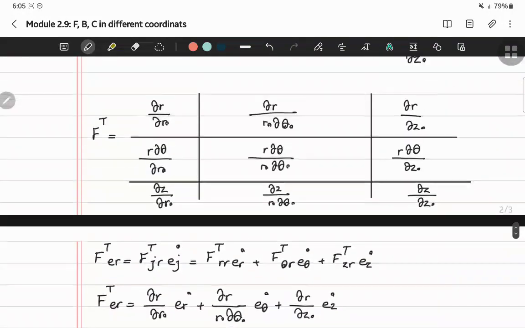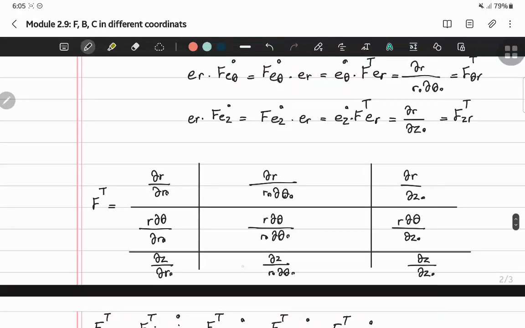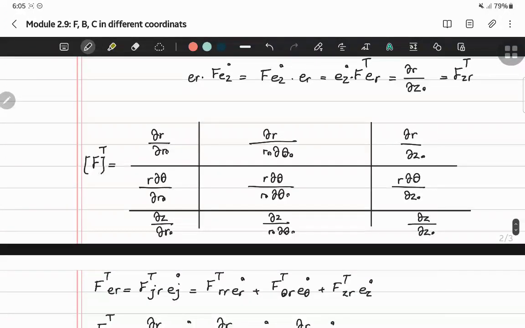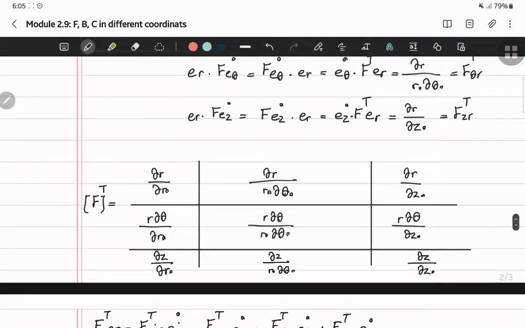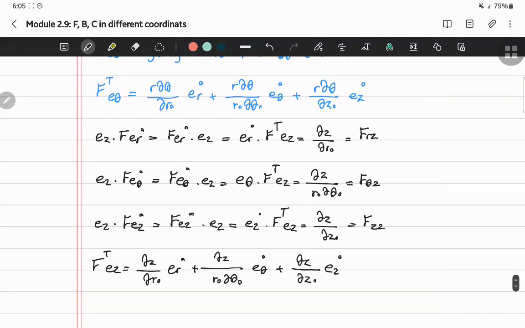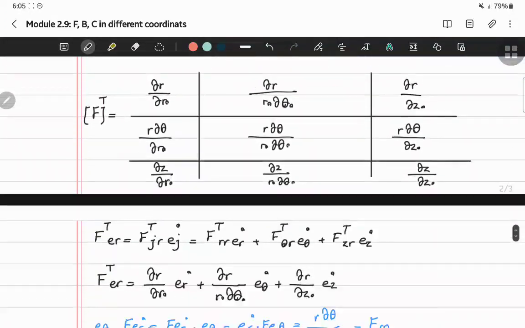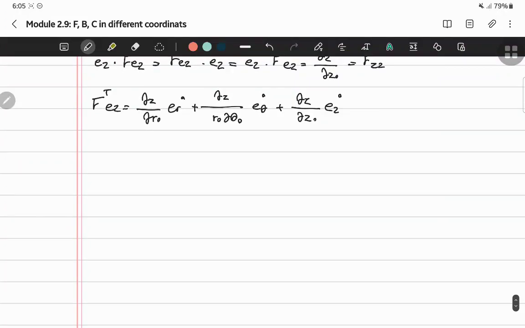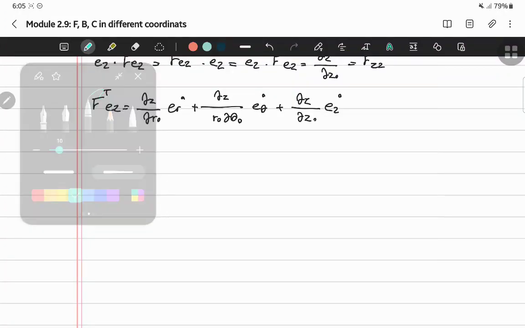So I just fill in the third row of the F transpose tensor in here. So I already wrote them down here. And now we can simply calculate B.